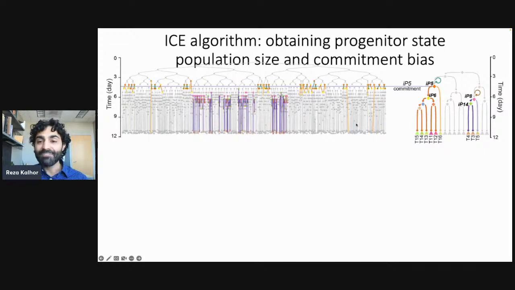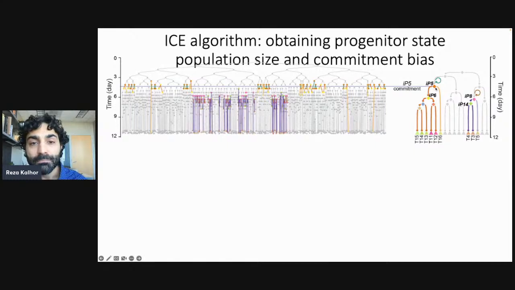So now that we have the commitment times and the topology, we combine them, again, Eric, another level of recursive combining of information. We combine the information about topology with the commitment time to try to estimate the population size and commitment bias. This is a little tricky, and I'm going to try to get into it in more detail.